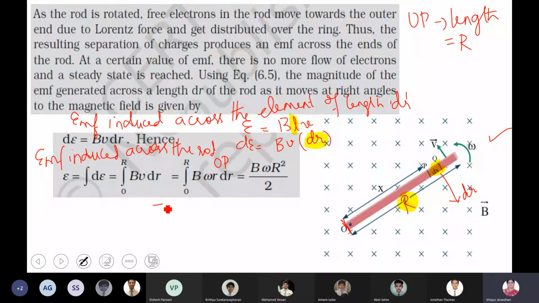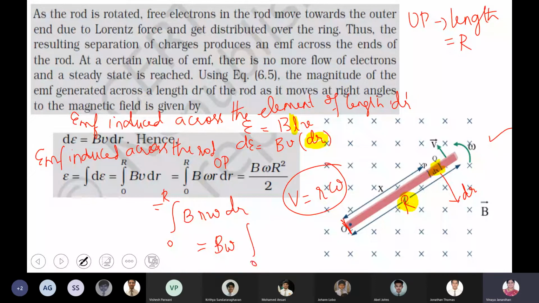Here V is equal to r omega. So let me substitute: integral from 0 to R of B r omega dr. The magnetic field is a constant, and the rod is rotating with a constant angular speed, so B omega will be taken outside. So integral from 0 to R of r dr.